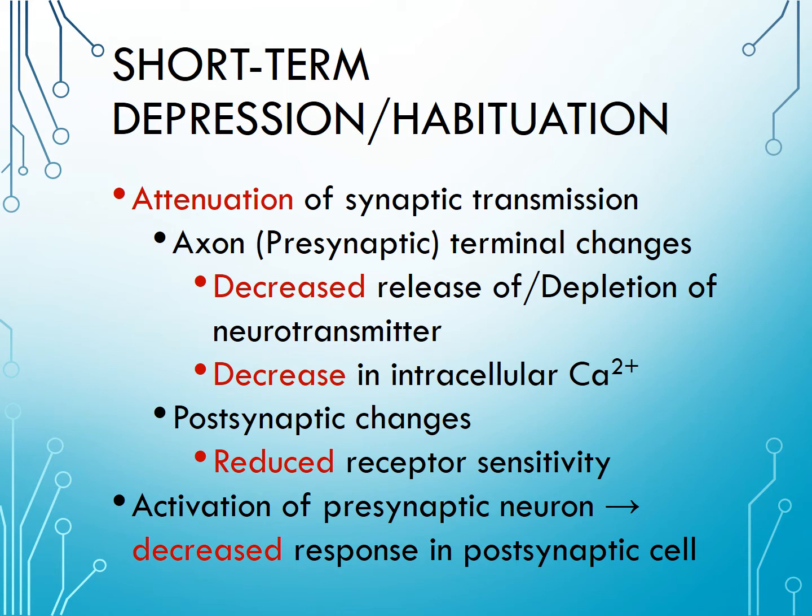Presynaptically, we either have a decrease in the release of neurotransmitter, or if it's a very strong stimulus or a repetitive benign stimulus, we can actually deplete neurotransmitter. You only have a certain amount of neurotransmitter and it takes time to synthesize it. And so if you're using it all up, you may be using it faster than you're producing it.